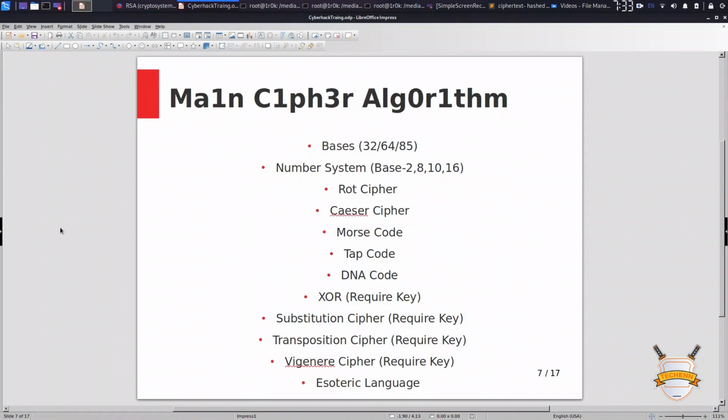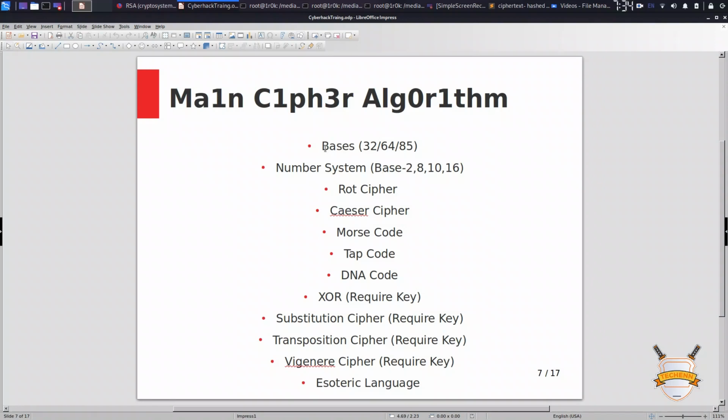Main cipher algorithms. There are n numbers of algorithms, but basically if you take CTF into consideration, these are the most basic, or you can say most commonly asked ciphers in an introductory or beginner CTF.